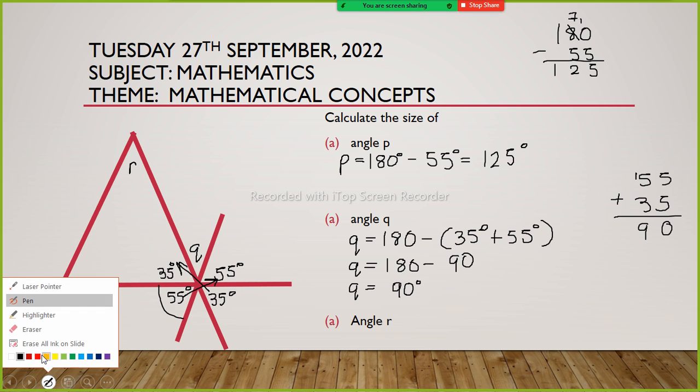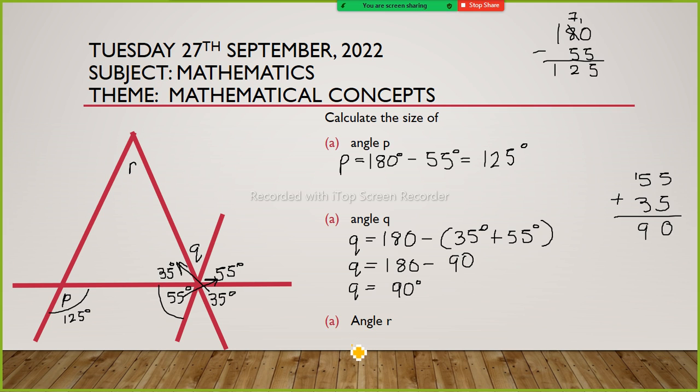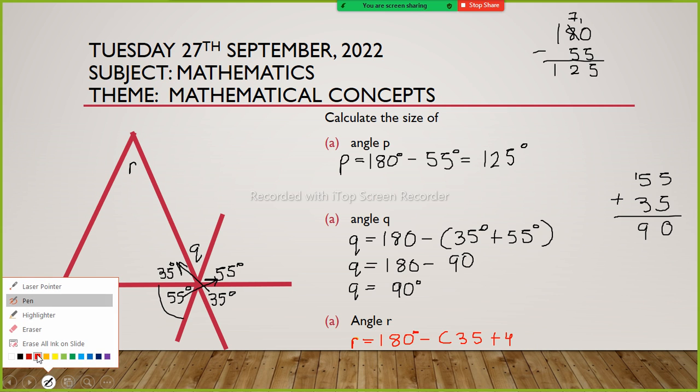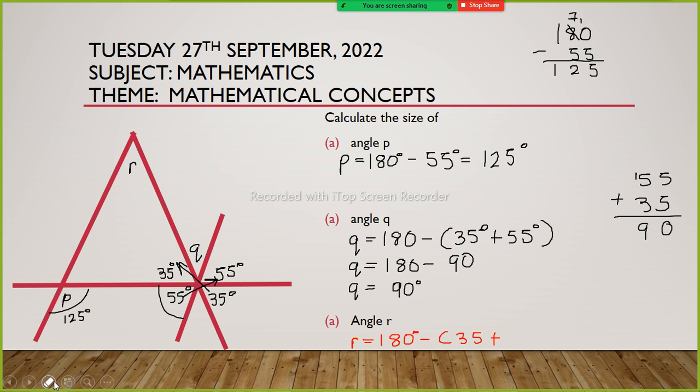And finally, we have R. And R is going to be equal to angle R equals 180 degrees minus what? 35 plus 55. 35 degrees plus 55.